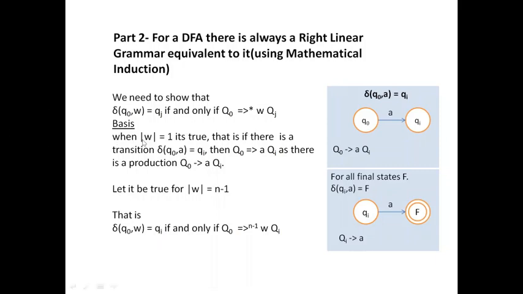So our basis case is when the string W is of length 1. It is very evident from the rules of construction.